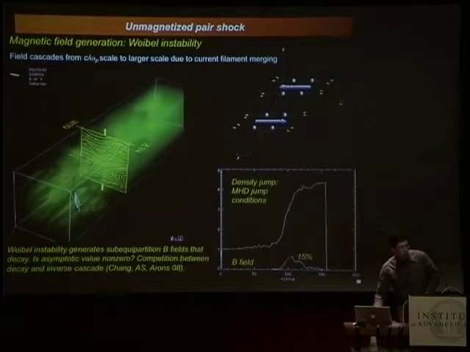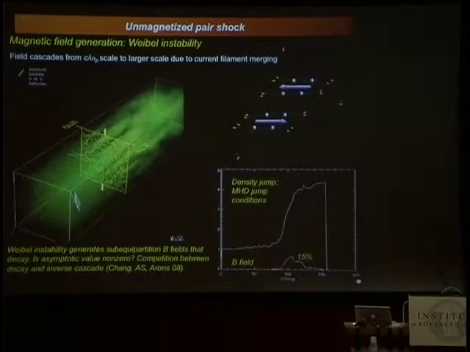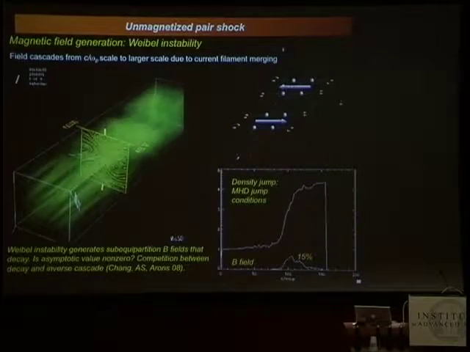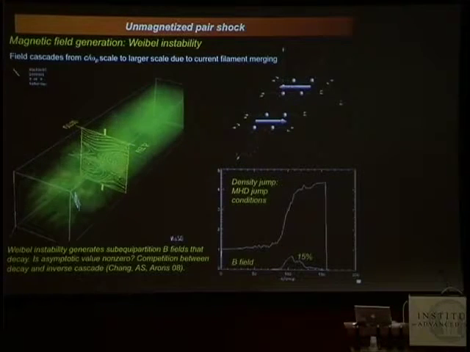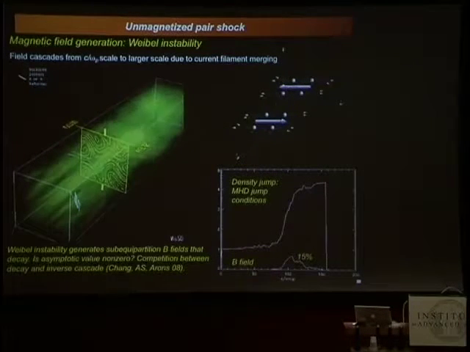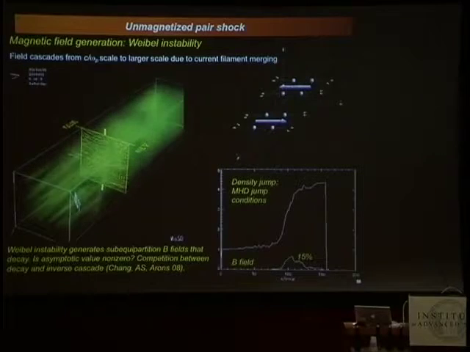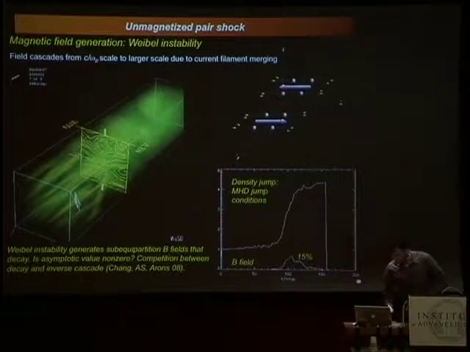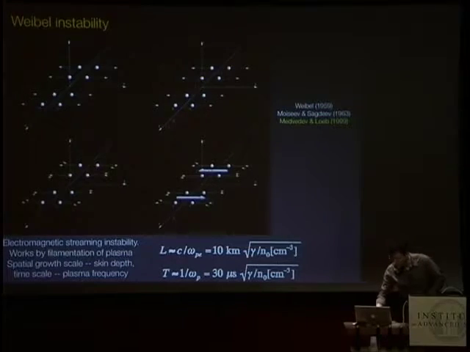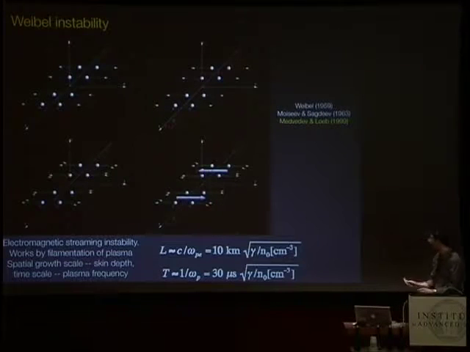How do you figure out what is the mean number of particles that you need to get this from? Then the physics. Okay, so the typical scale of the instability is actually the skin depth of the plasma. So if you resolve the skin depth and you resolve the plasma frequency, this instability will appear.